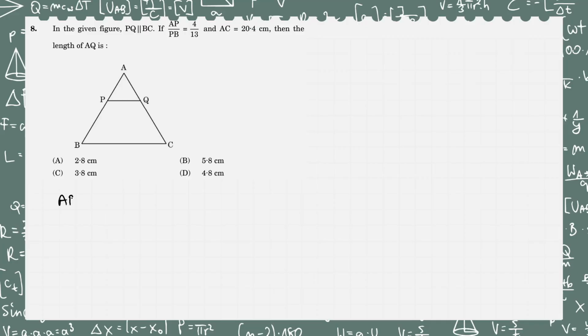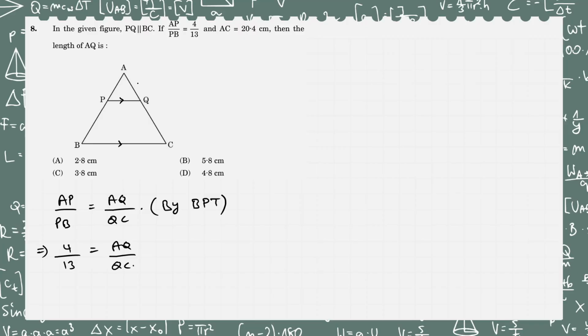We know that if PQ is parallel to BC, then AP by PB equals AQ by QC, isn't it? This we know by the basic proportionality theorem or BPT. So AP by PB's value is given as 4 by 13. So 4 by 13 equals AQ by QC.